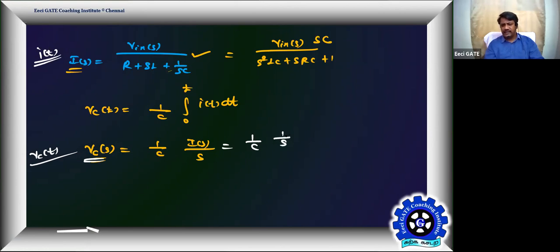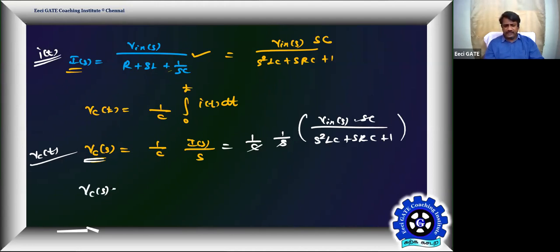So 1 by S into I of S, that is Vin of S into SC divided by S square LC plus SRC plus 1. Then the S and S, in fact SC, will get cancelled. So Vc of S, the voltage across the capacitor, is equal to Vin of S by S square LC plus SRC plus 1.